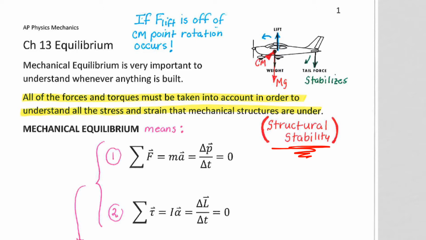So I realize we are not studying aerodynamics, but I think we know enough about forces and torques to appreciate that if the center of mass of a plane, so the weight distribution of the plane, is slightly off of the front wings, the lift force that the wings generate to allow the plane to fly will also generate a twisting torque based on the fact that center of mass is nature's point of rotation.